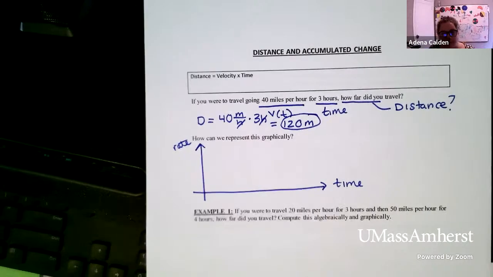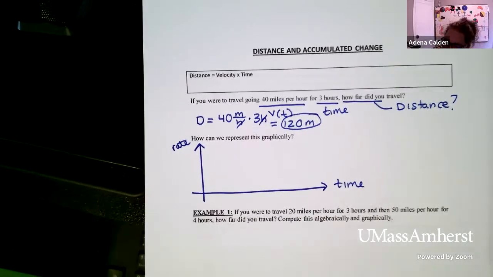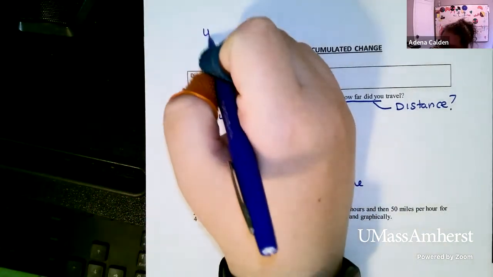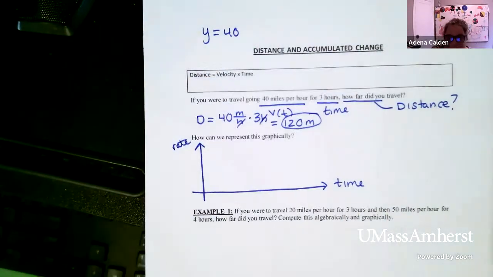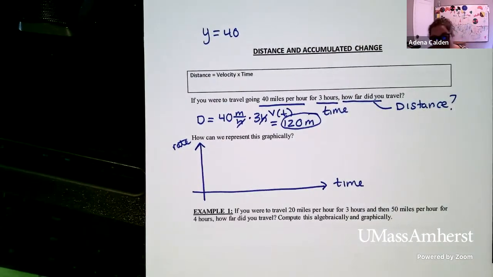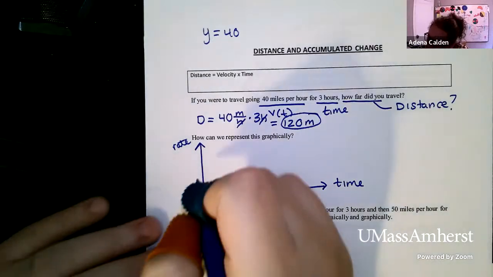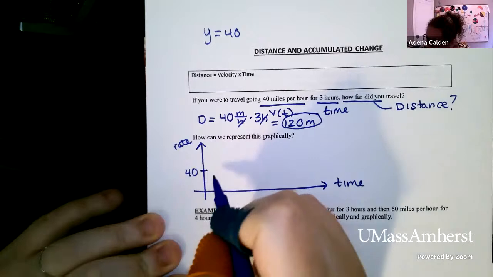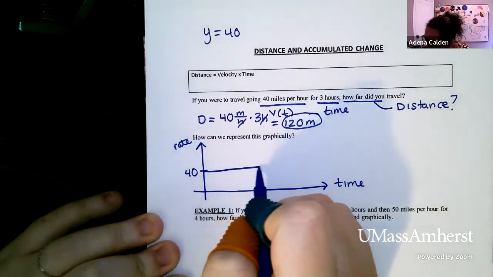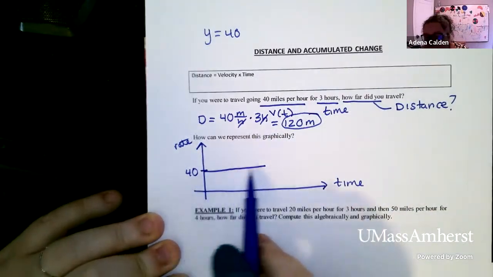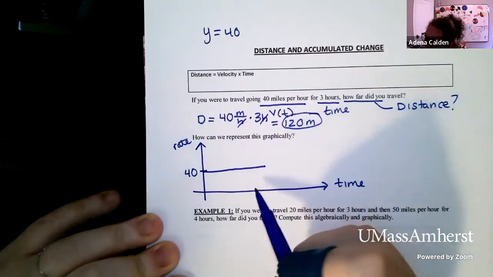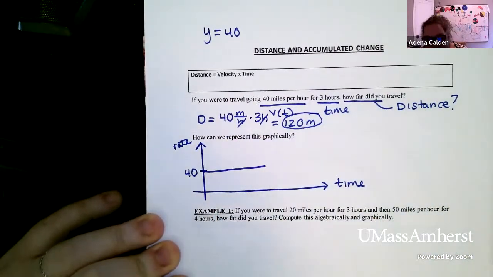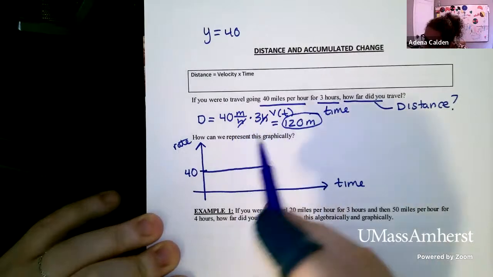Now that is not a function that we typically graph, right? So we're graphing y equals 40, right? So it's a constant. So what we do when we graph a constant is we get just this horizontal line. So 40 looks like this, but instead of graphing it forever, we graph it for the amount of time that we are going this rate, right?